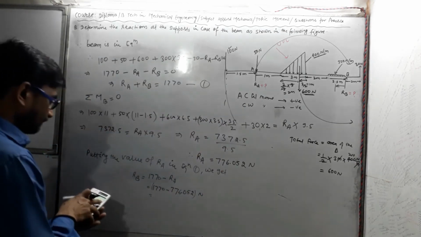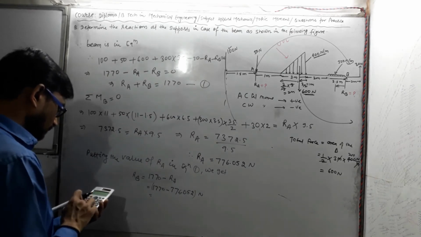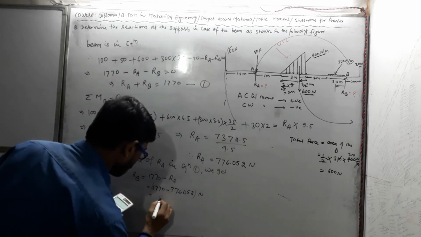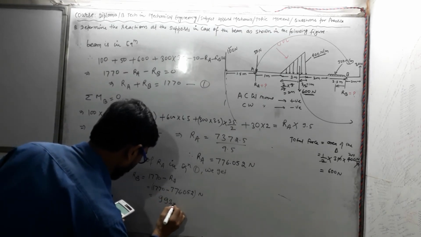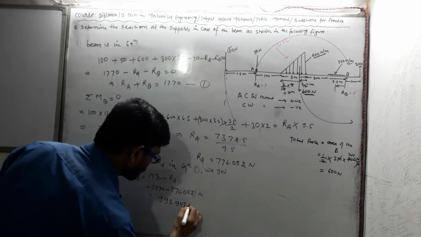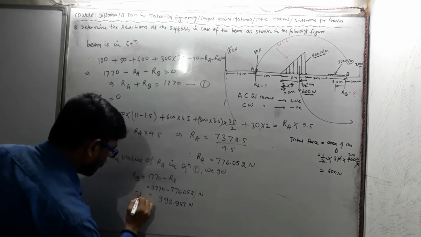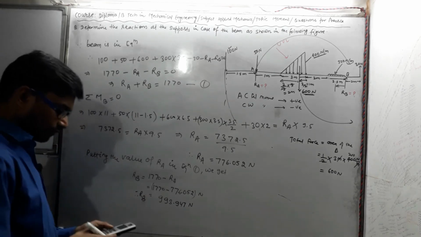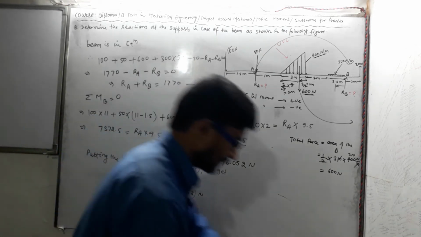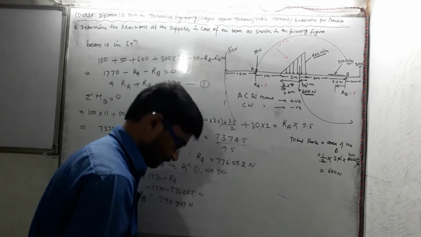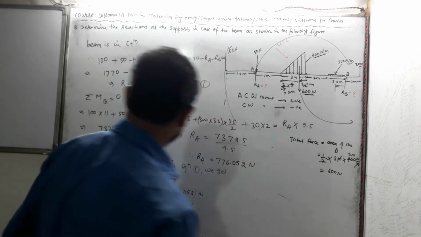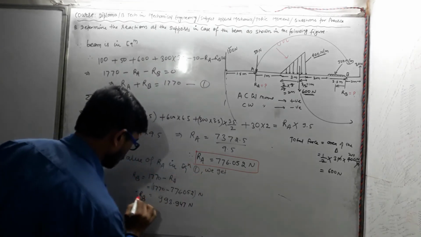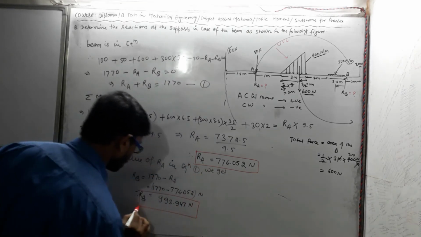Its value is 993.947 Newton. So we have got the reaction force at point A. This is reaction force at point A, and this is reaction force at point B.